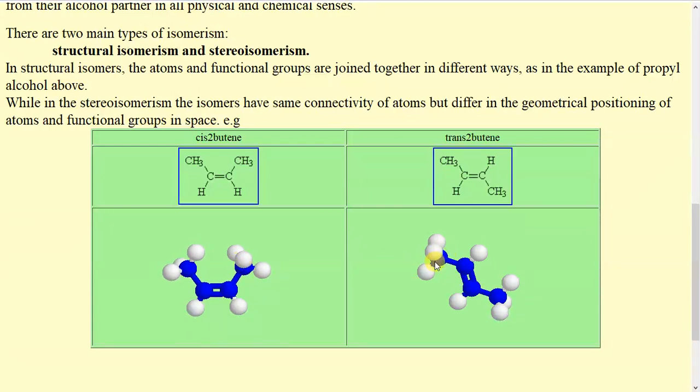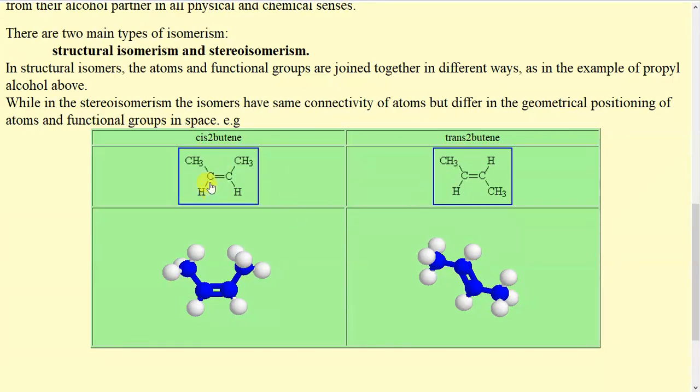In both the cases, the sequence of the atoms is the same. Here also, the first carbon atom has 3 hydrogen, the second one has a single hydrogen atom as well as the third one, and the fourth carbon atom has 3 hydrogen atoms, which is also very clearly visible in the 3D model as well as in the 2D model of the structure.